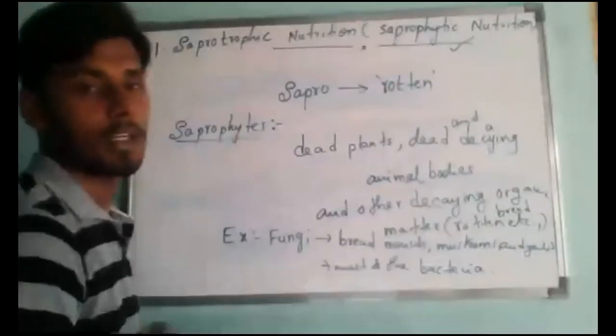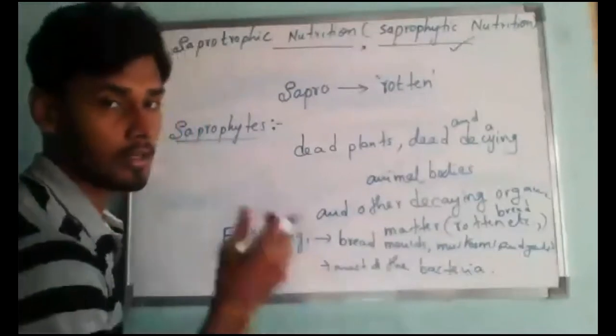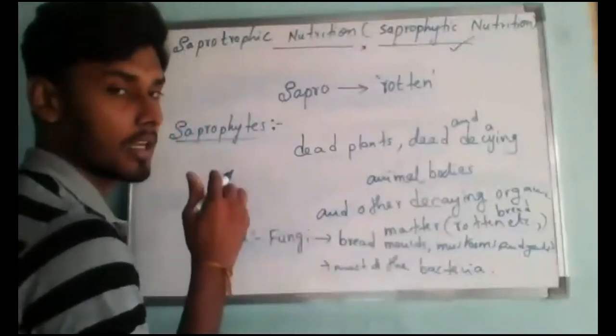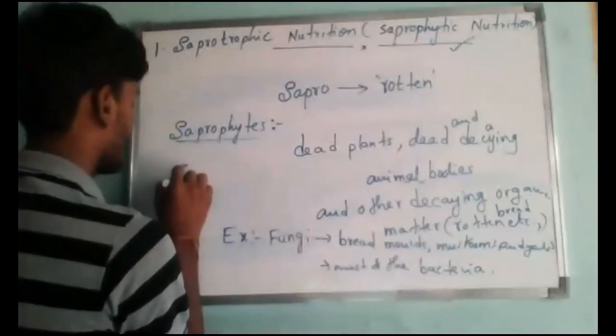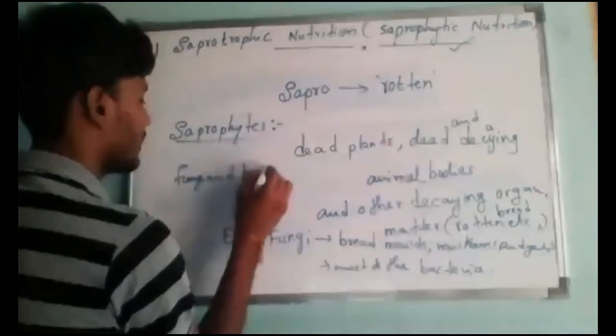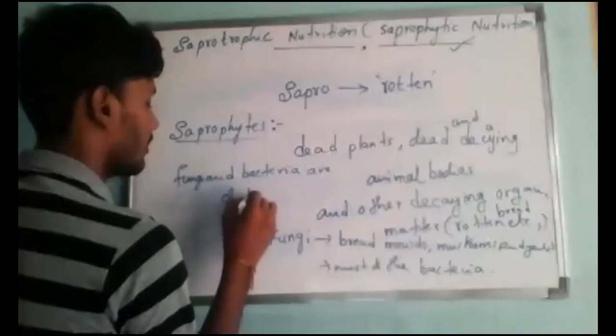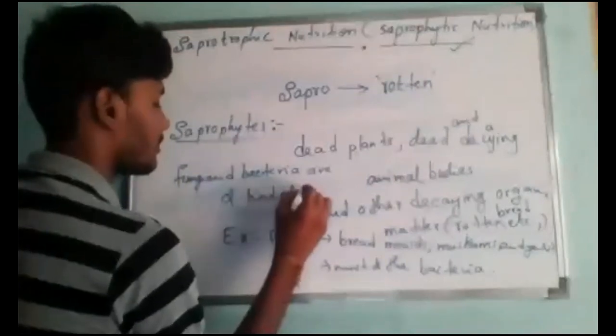And the last point, you can write that fungi and bacteria are kinds of plants.